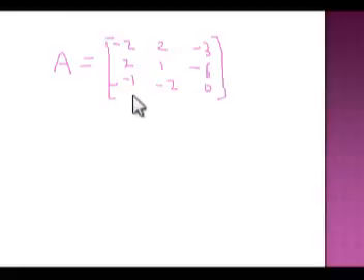This is to be transformed into a diagonal matrix. So we first need eigenvectors, and for eigenvectors we first need eigenvalues. We know the characteristic equation is determinant of A minus lambda I equal to 0.